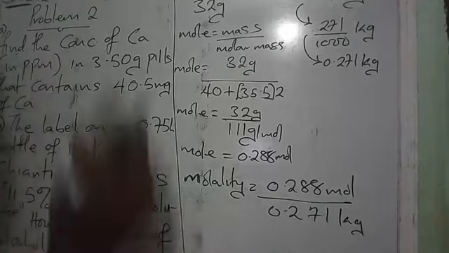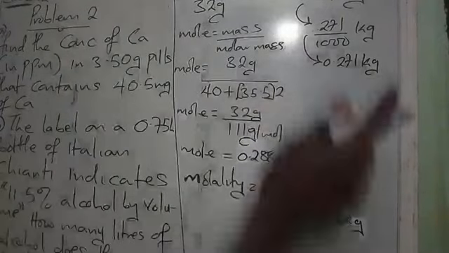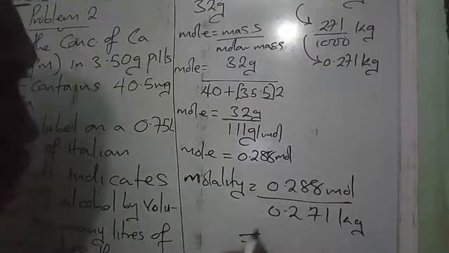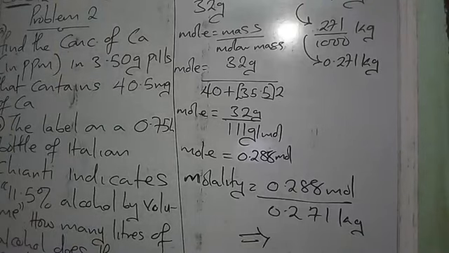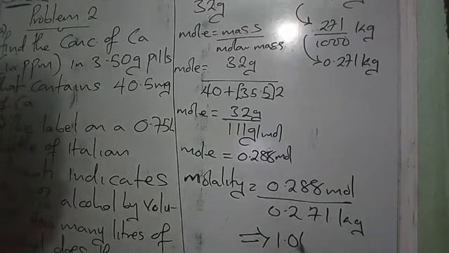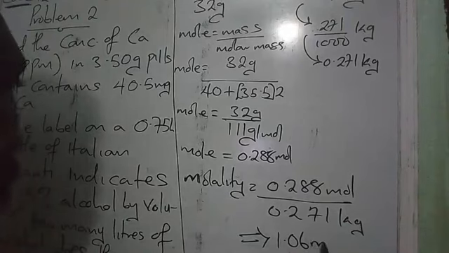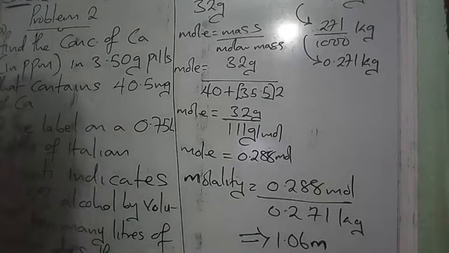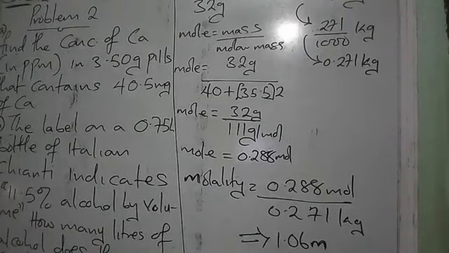They gave us that solvent in grams, but we have to convert it to kilogram and divide by 1,000. So when you divide this, it gives us the value of 1.06 molarity. You can write the unit like this, small letter m, saying that it's molarity.